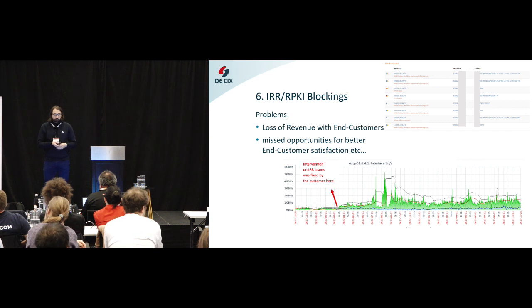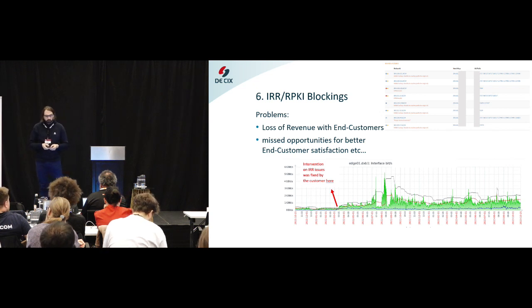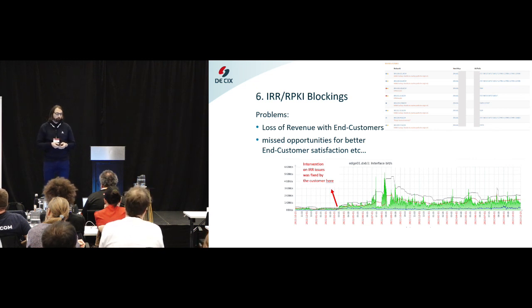IRR, RPKI, blocking in specifics. I already mentioned that. We see around 15,000 RPKI invalids hitting our filters. As said, prefixes are redundantly counted here. Also IRR issues, AS set issues, whatever filter things could go wrong, we block it.